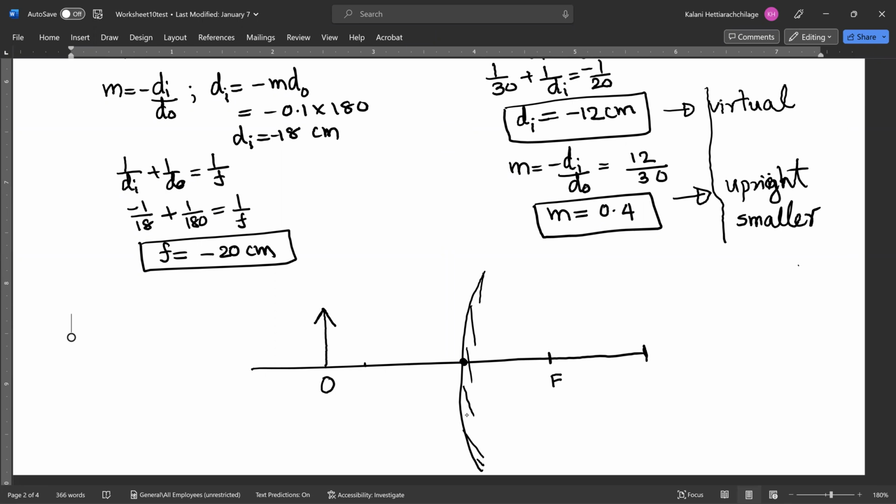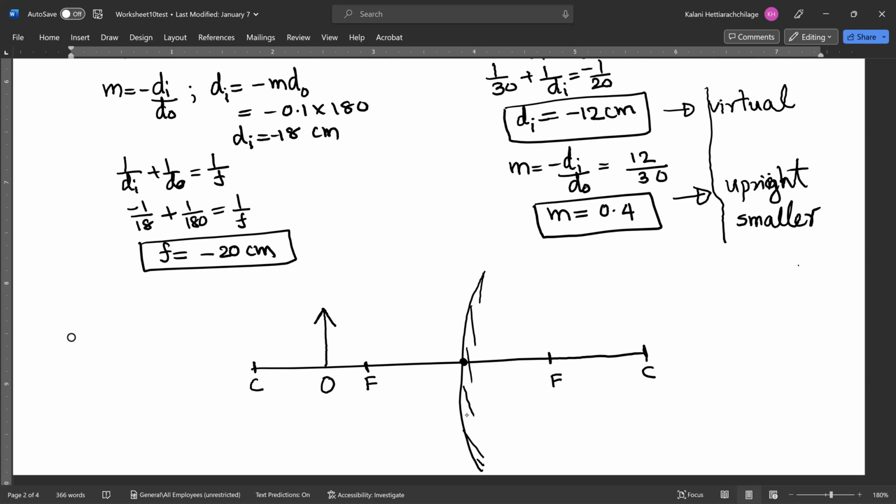Now for drawing the ray diagram, you learned 4 rays for mirrors, but you only need 2 of them. Whichever 2 you like, you can draw. You don't want to draw all 4 because it will make your diagram not clear. This is your center, this is your other center.